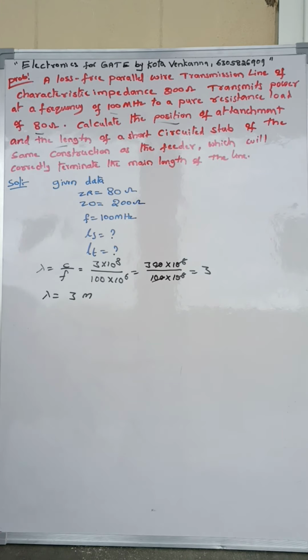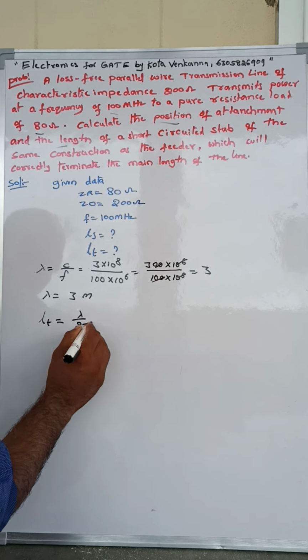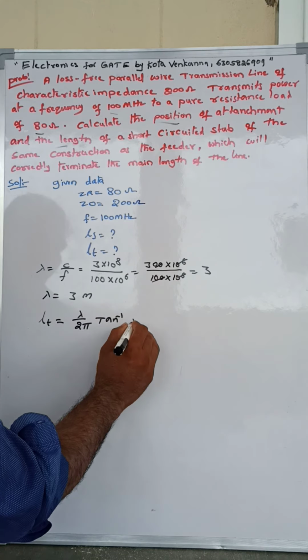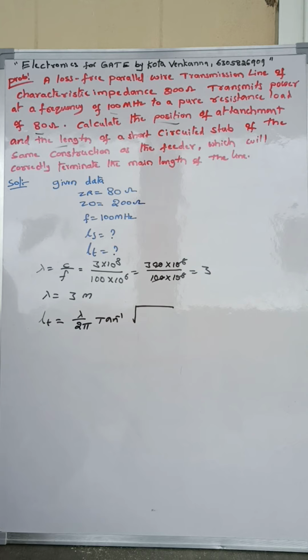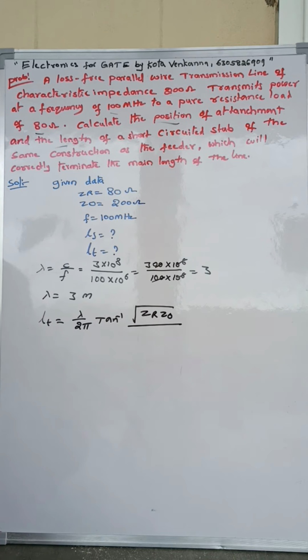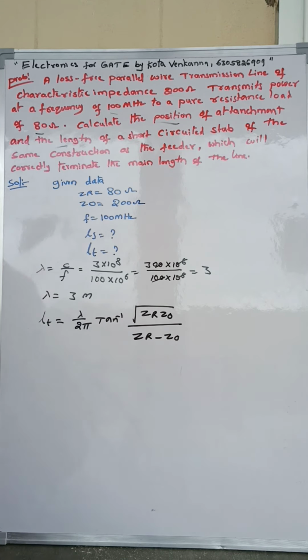The length of the stub LT is equal to lambda by 2 pi into tan inverse of square root of ZR into Z0 by ZR minus Z0.